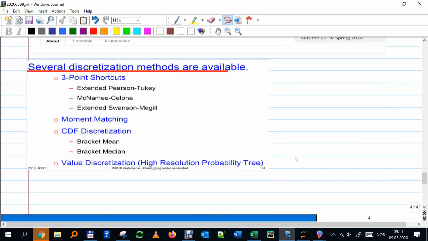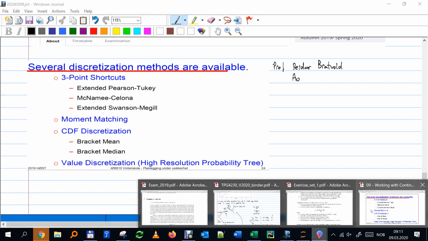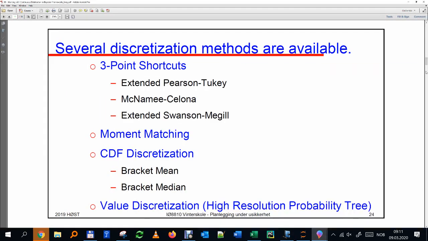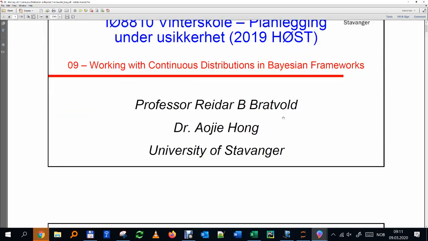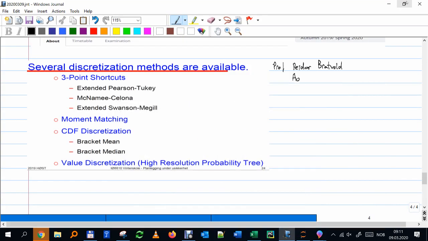And this is from Professor Reidar Bratvold and Aoji Hong, I think is his last name, but I forgot how to write Aoji Hong.